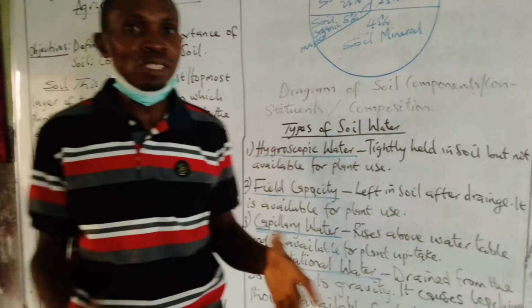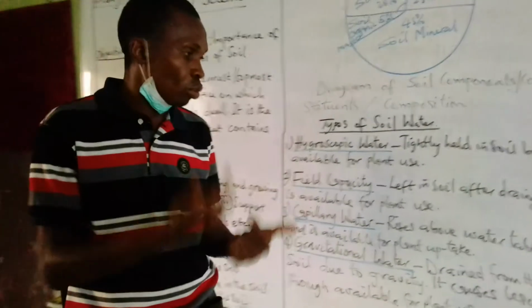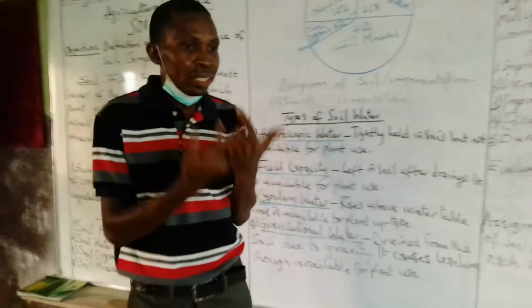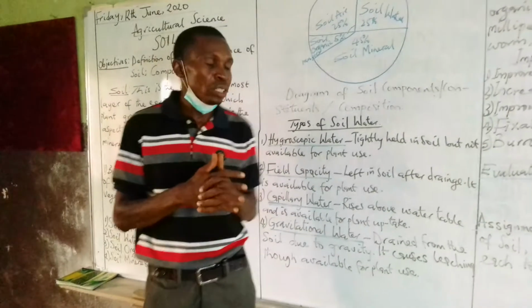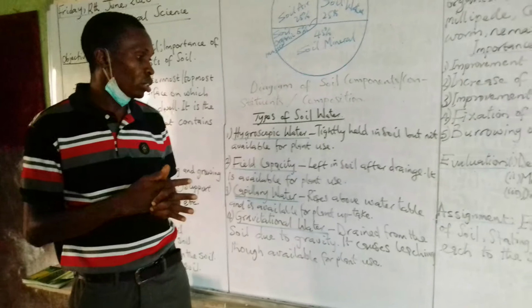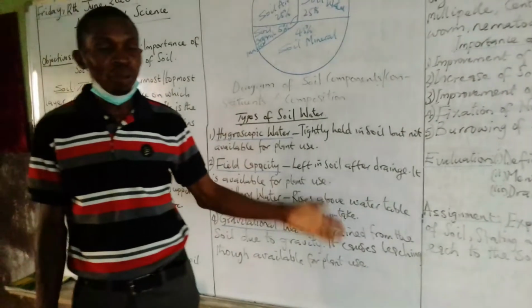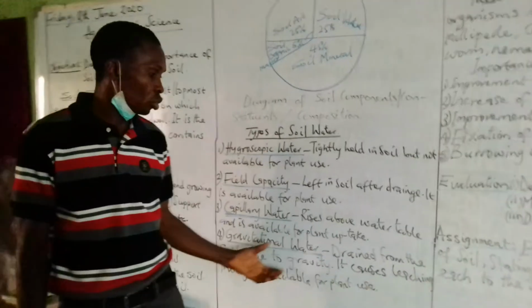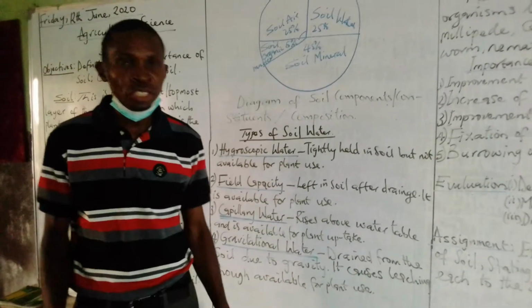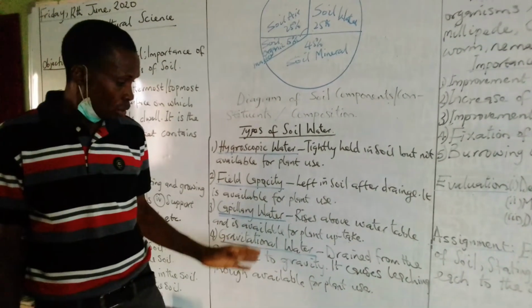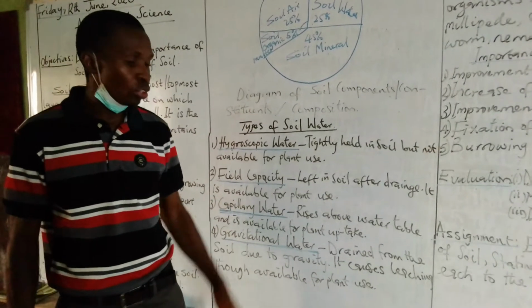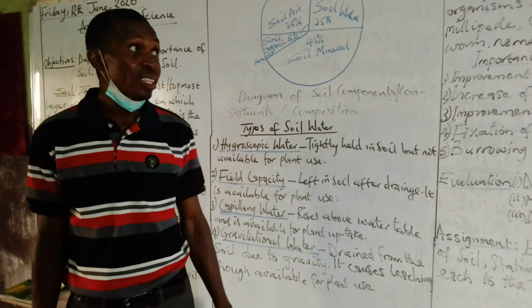You have capillary water. This rises within the little pores in the soil above the water table. It's available for plant uptake. You have gravitational water, which remains after drainage of water from the soil. It's also available, though it causes leaching.